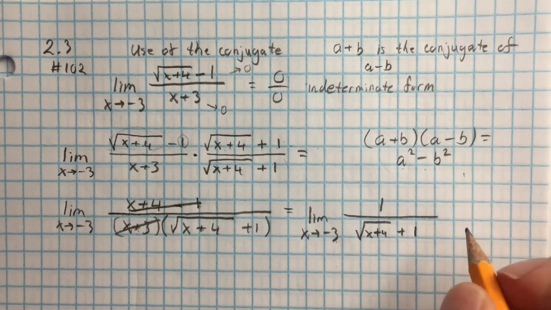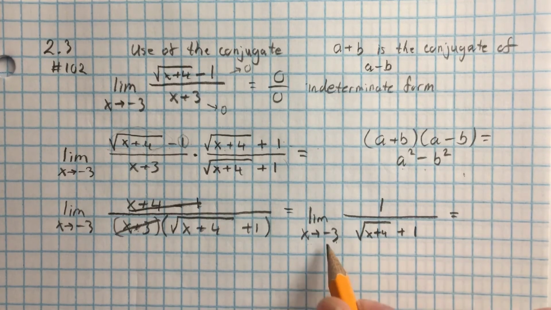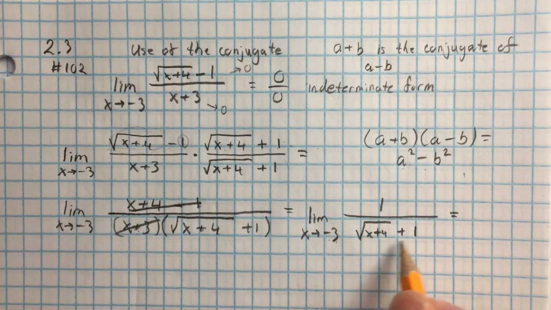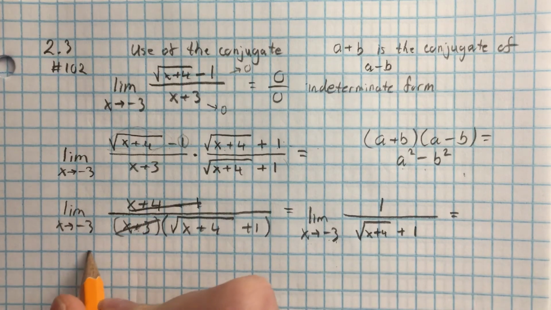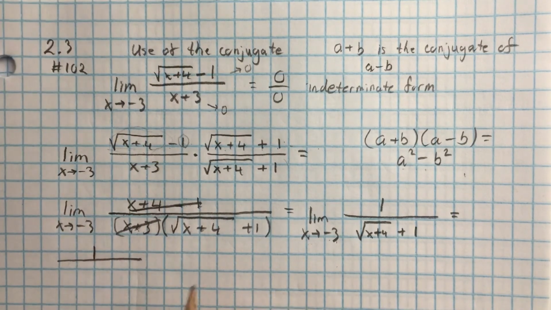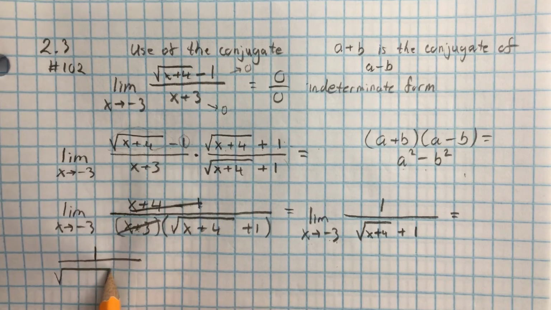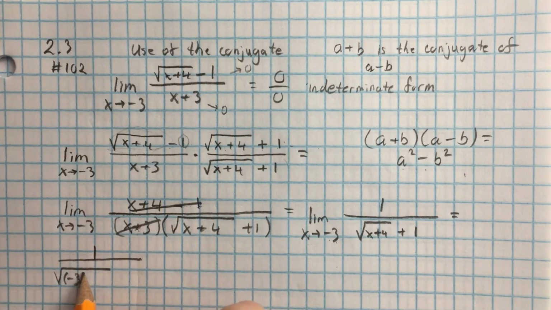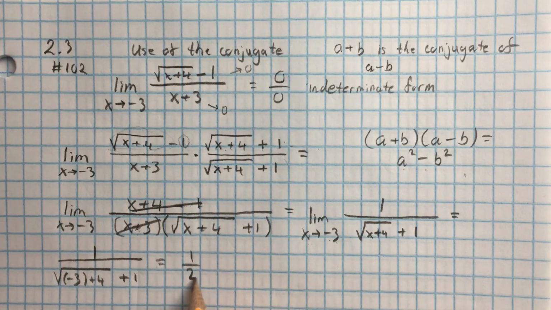So now it should be a simple direct substitution case. I'll just plug in the negative 3 value because this function is now continuous at negative 3. So we have 1 over, like I described, the root of negative 3 plus 4 and plus 1, and that's what I said, it is a half, and that is our limiting value.